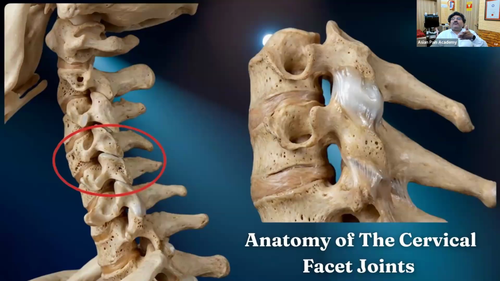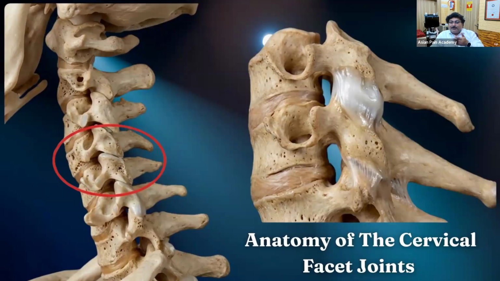Remember, whenever we put our head back, it puts stress over those facet joints. Being synovial joints, they are prone to arthritis as well, especially if there is a traumatic cause or sometimes an inflammatory cause, for example, in a spondyloarthropathy case. So these joints can be inflamed and can be a source of pain.